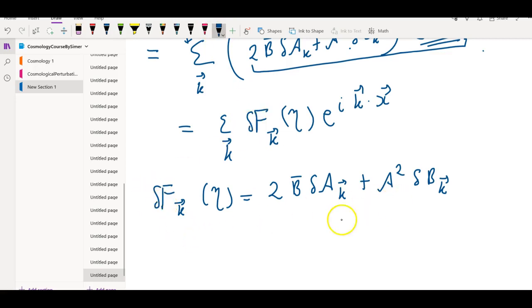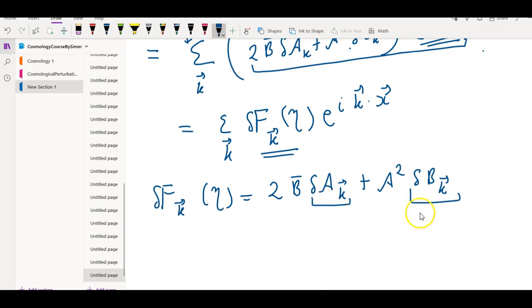f becomes this. So the original perturbation expression, which was 2b bar delta a plus a square delta b, can be expressed in terms of its Fourier coefficient. You are replacing the perturbation with its perturbation's Fourier coefficient.